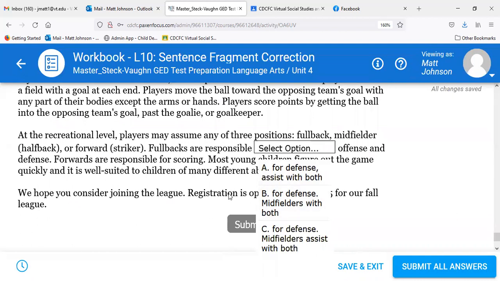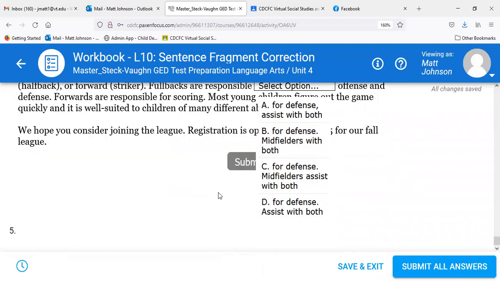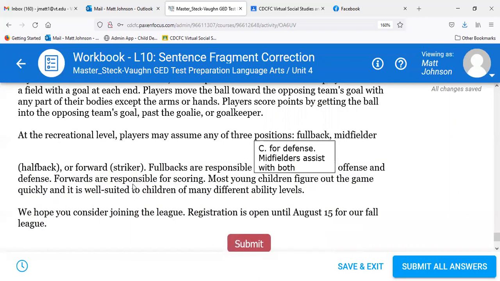Oh no, I'm sorry. The C sounds better. Yeah, there you go. I'm just trying to read the rest. Yeah, I know it's tough. So fullbacks are responsible for defense, and then you're going into a new sentence. Midfielders assist with both offense and defense. Got to have both of those parts for that.